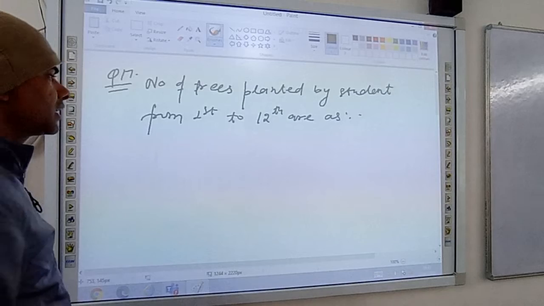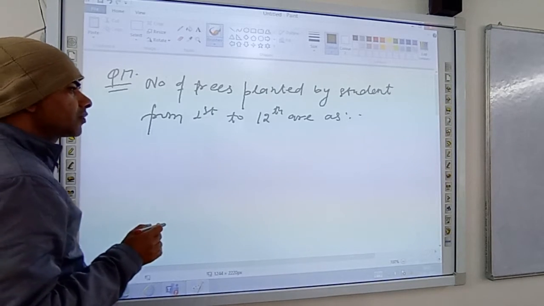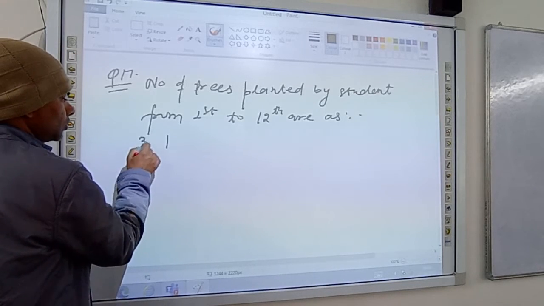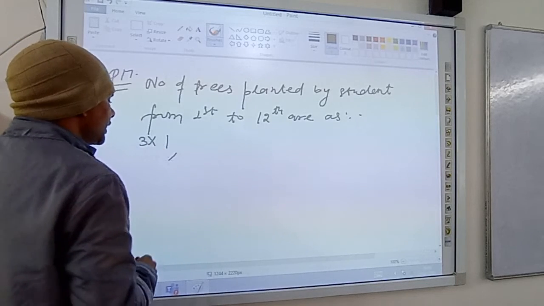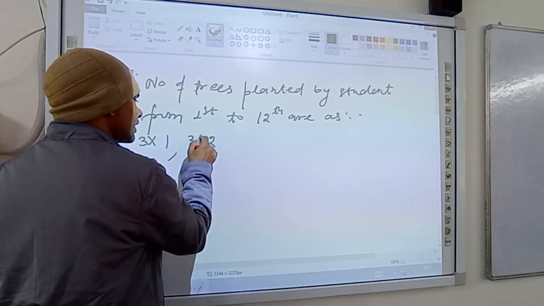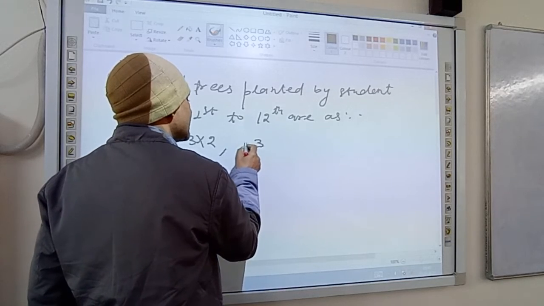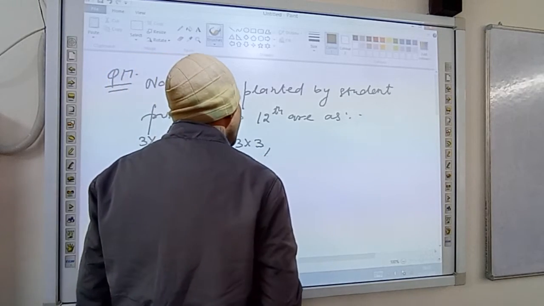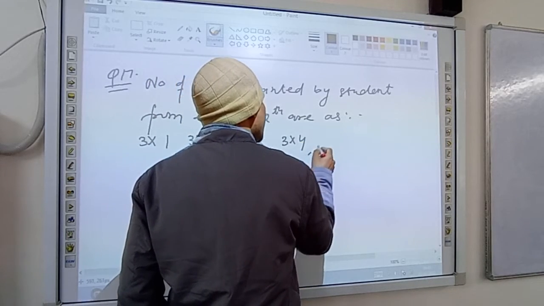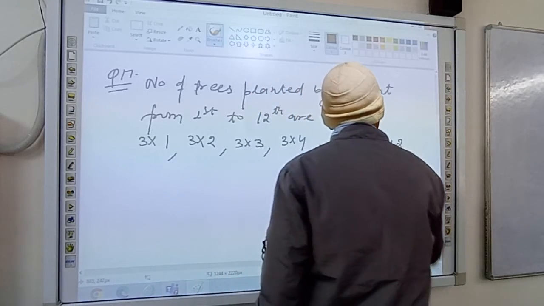A section of first class will plant 1 tree, and there are 3 sections. A section of second class will plant 2 trees and there are 3 sections. A section of class third will plant 3 trees and there are 3 sections. A section of class fourth will plant 4 trees, there are 3 sections, and so on up to 12, and 3 into 12. Any doubt, any problem?